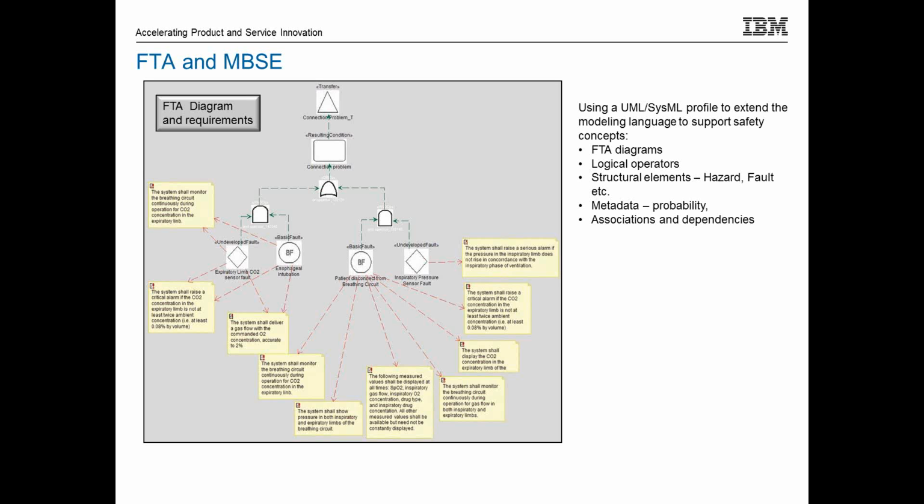There have been and there are FTA profiles available for use in a model-based systems engineering environment. Typically what we do is create a SysML profile that allows us to specialize SysML elements as specific kinds of safety analysis elements, in this case AND and OR gates, the concept of basic faults, and other elements used in an FTA, and then create a diagram type.